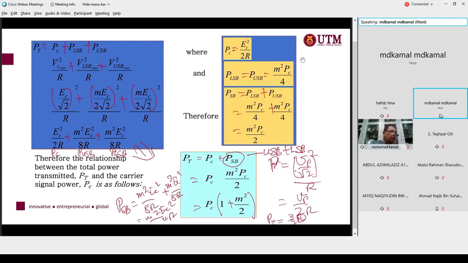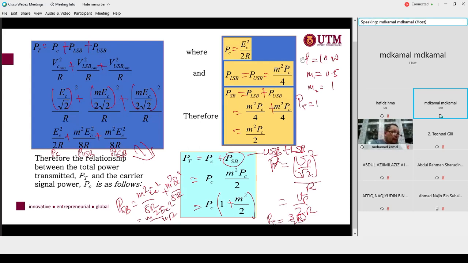Okay, for example, let's say your carrier power is 10 watt and your m is equal to 0.5. This is just an example.